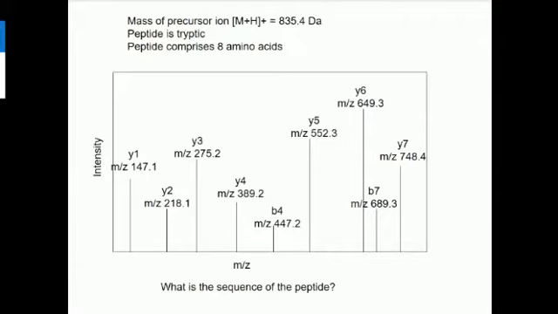It doesn't matter when we're doing this subtracting, because those masses are just wiped out, but it does matter when you get to Y1. I think it's 147.1. So you need to take away the mass of the hydrogen and the OH and the H, which is 19, and that'll give you 128 and tell you it's lysine.